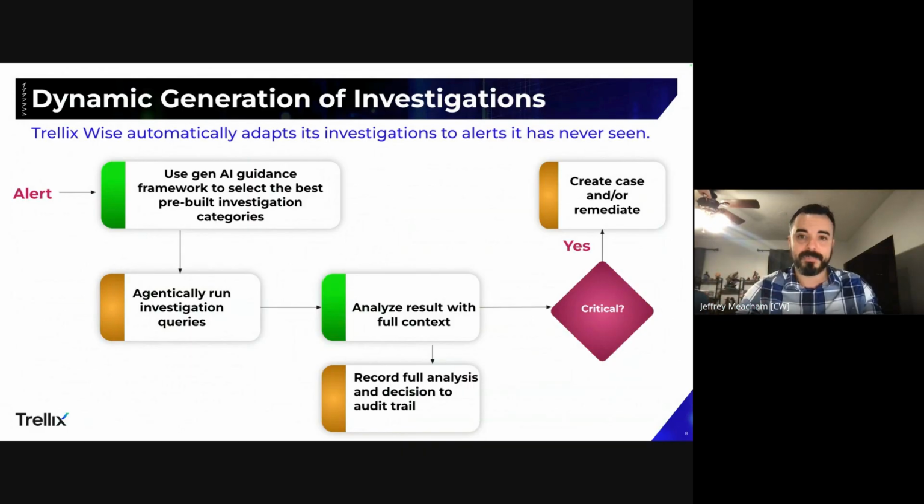No analyst input is needed. Once those results are in, Wise analyzes everything in full context, pulling from, again, the endpoint, network, cloud, and even more. Now, if those findings are critical, it can automatically escalate or create a case or even kick off the remediation that is necessary to be performed.